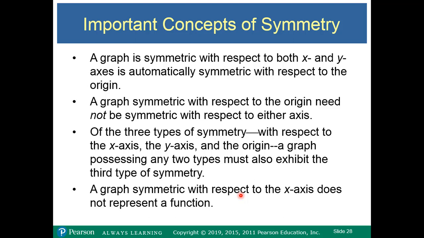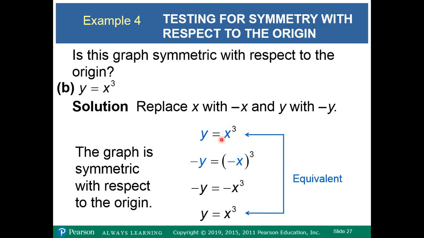Another way to look at it is if you put in the opposite value of x and you simplify and get the opposite of y, that is also another technique. But let's stick with this one here.